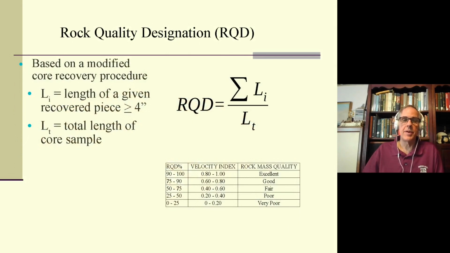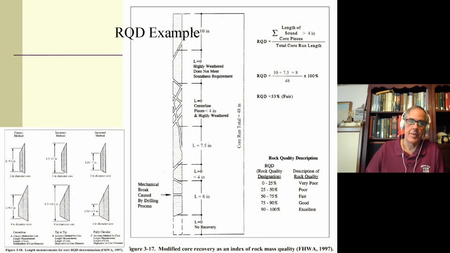It is based on a modified core recovery procedure. I think the best way to illustrate how this works is to actually look at an example. So we'll look at this one, which is drawn from your Soils and Foundations handbook.